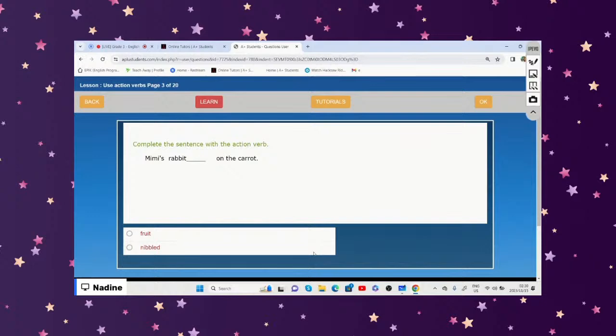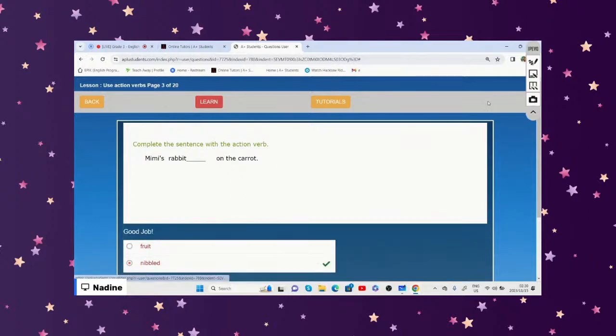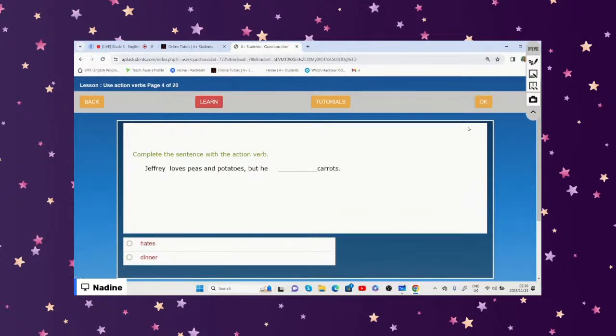All right, so we can say Mimi's rabbit nibbled on the carrot. And nibbled is correct. So well done. Nibbled is correct.